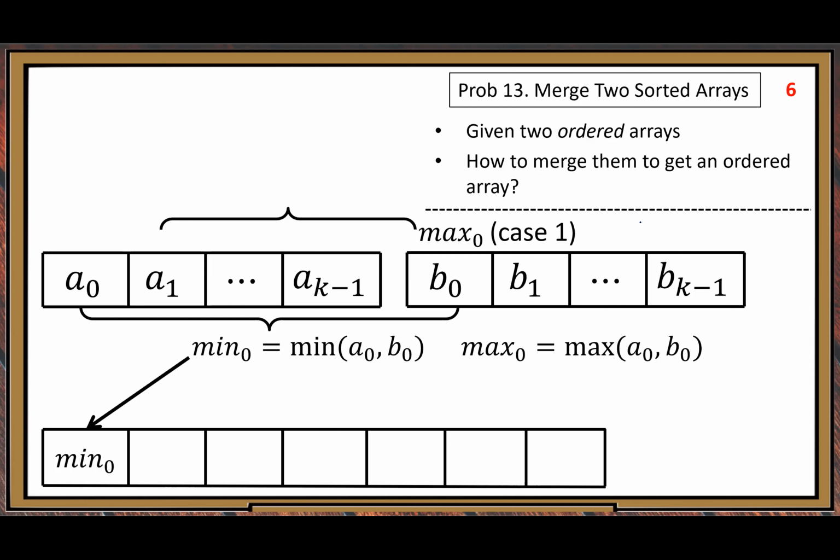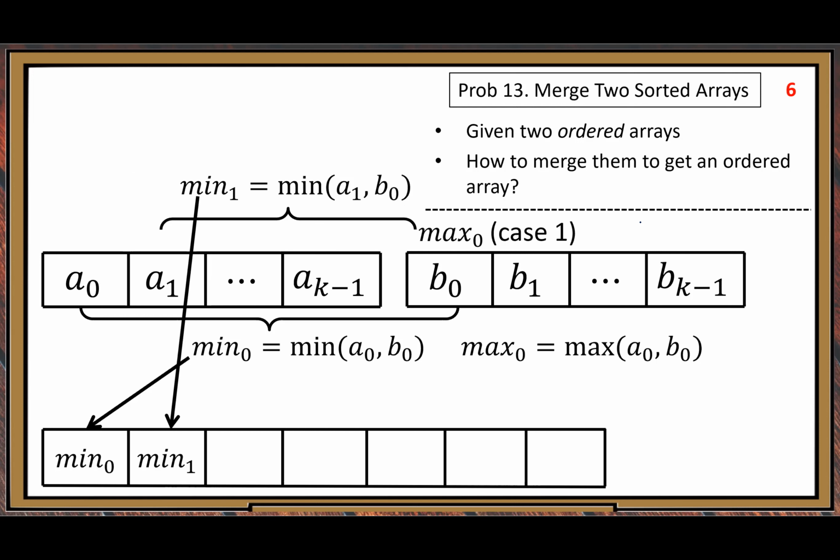The smaller one, min 1, should be the second element in our destination array. So after our second comparison, min 1 is in place, and so on.